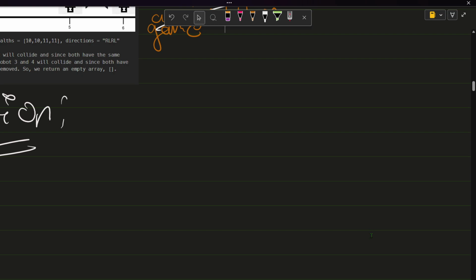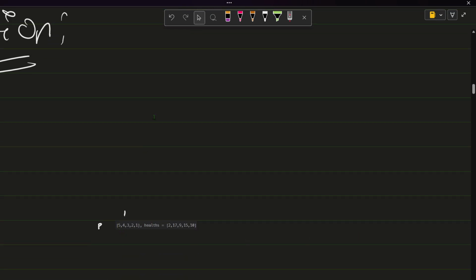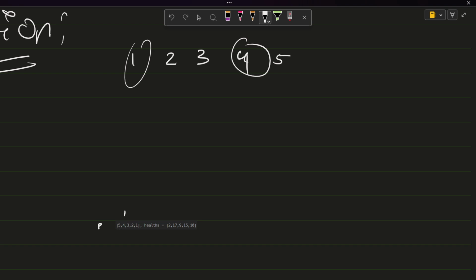In this example, the leftmost position is 1, then 2, then 3, then 4, then 5. But at the end of the question, for example, if this one and this one are alive, then we have to return the health in the original order which is given, which is 4 and 1.